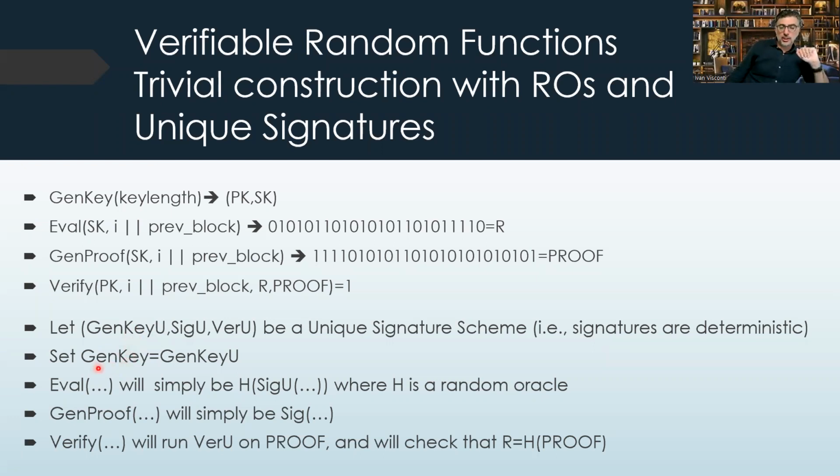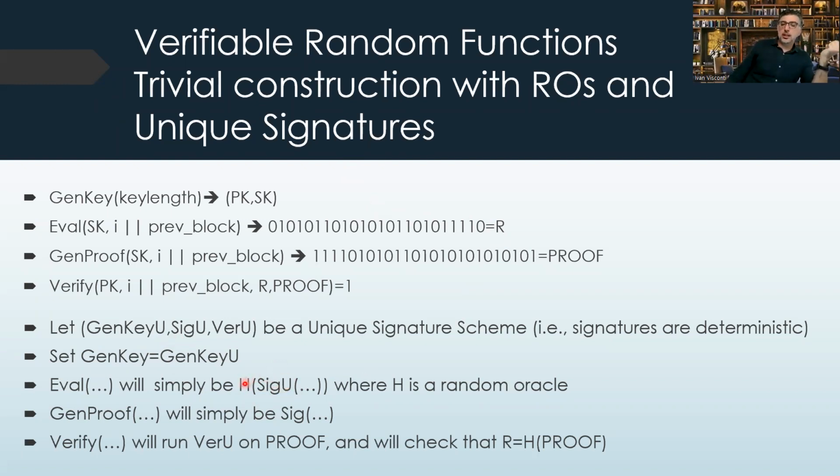The key generation of the verifiable random function will just be the key generation of this signature scheme. So when I generate a pair of keys PK and SK, they are a pair of keys for a signature scheme that is unique. Basically, the signature function is deterministic. That's it. Then there is an eval procedure. If I'm constructing it, what do I do in this eval procedure, where I need to provide this output R? How do I compute it? I just compute a signature with the underlying signature scheme. The signature will give me a string.